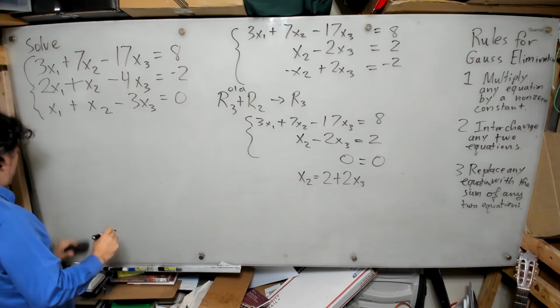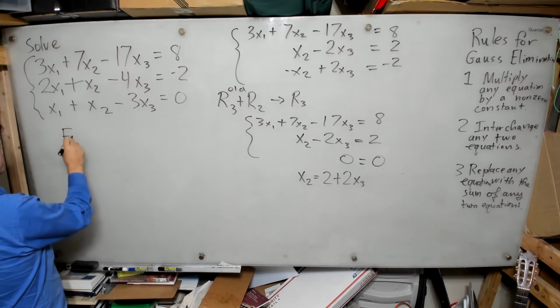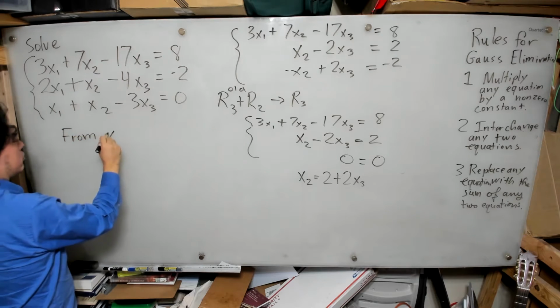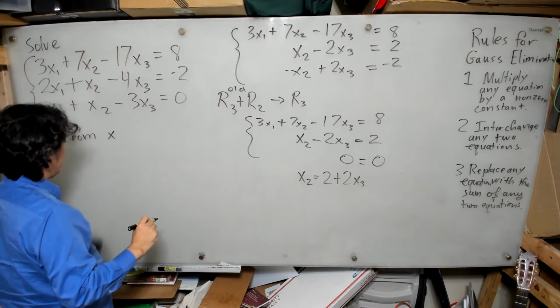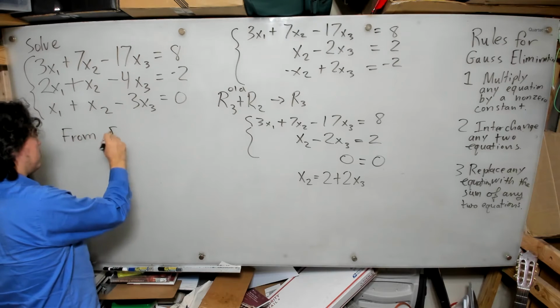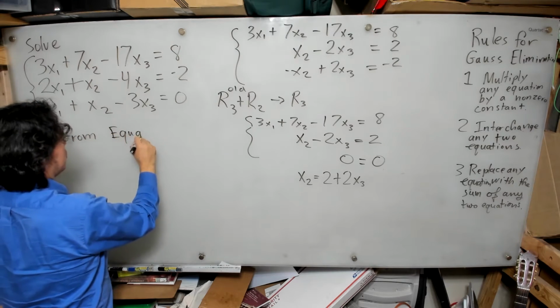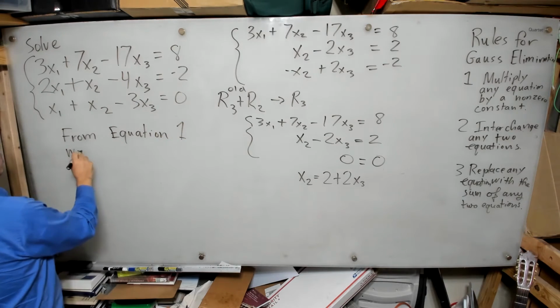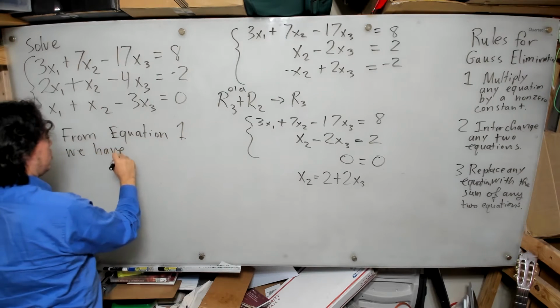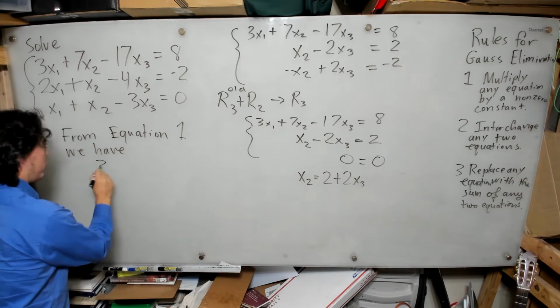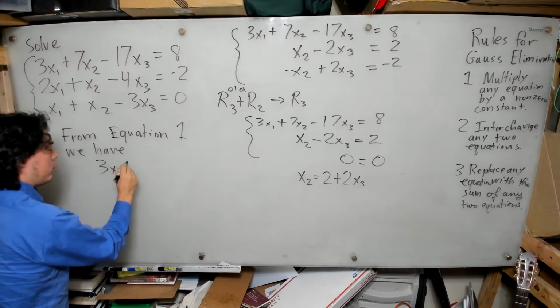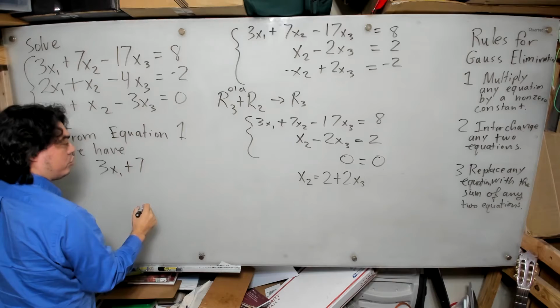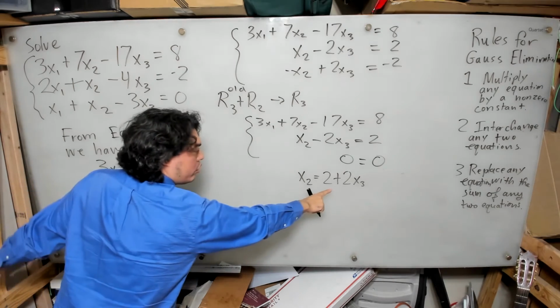So from equation 1, I'm sorry, we have 3x1 plus 7x2. But again, we already concluded that x2 is this.